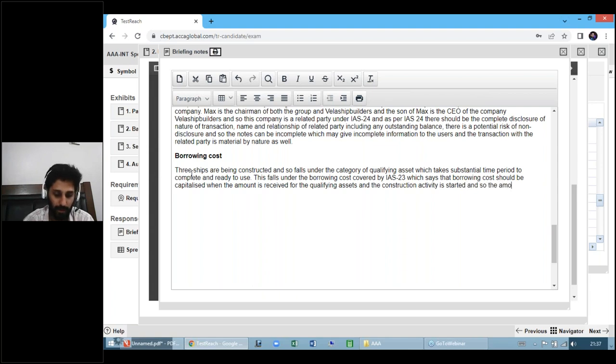And so the amount $11.7 million should be capitalized. 180 at 6.5%, and there is the audit risk that this amount is not capitalized but expensed out.